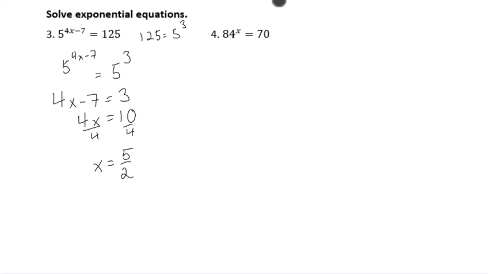All right. Now, 84 and 70 are not multiples of each other. So what we need to do is take the log of 84^x and the log of 70.